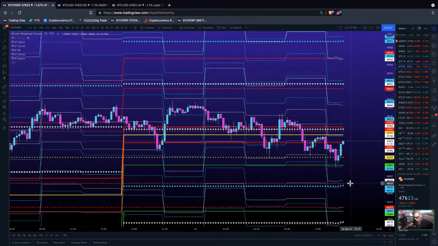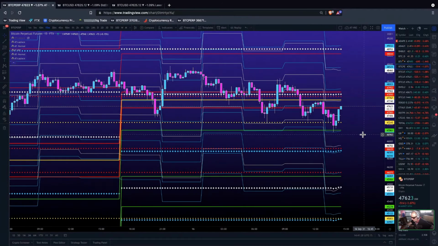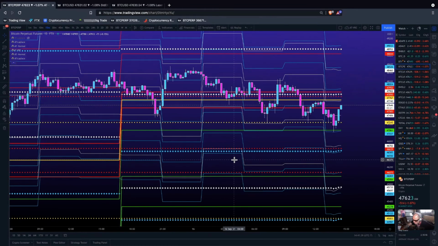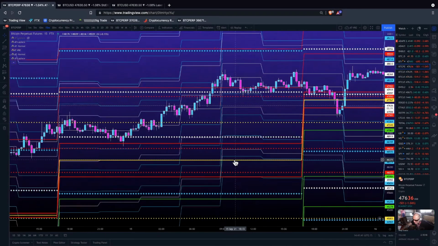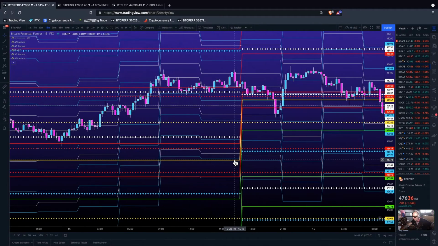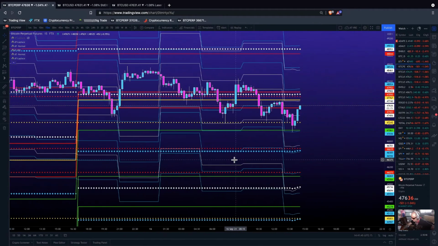So when we populate a new day, I'm going to be looking: is there confluence down here anymore? Like coming into yesterday, remember? I wasn't talking about 46.6 area. I was talking about 46.1 area because there was a lot of confluence here. There was power mean stuff down there.